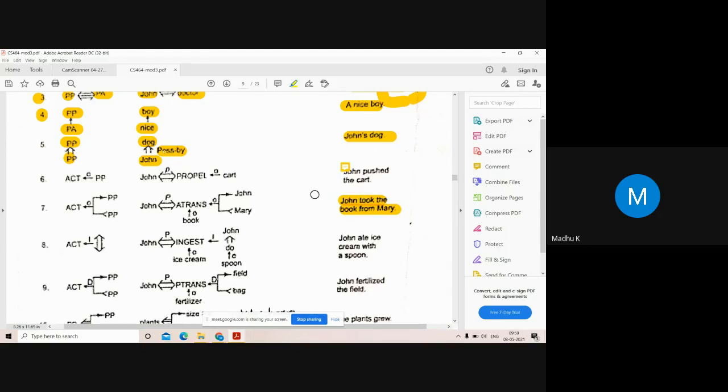So if the sentence is like this, you should study this rule. For example, "Vishnu took the book from Fajar." Suppose this is the sentence. Then first thing, who is the picture producer in it? Vishnu.